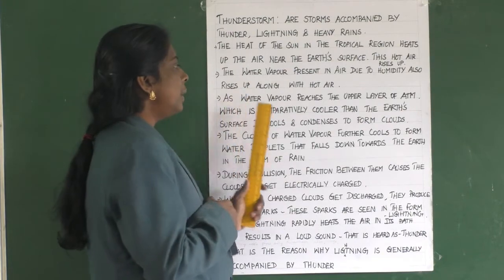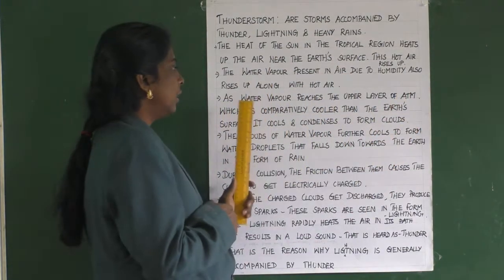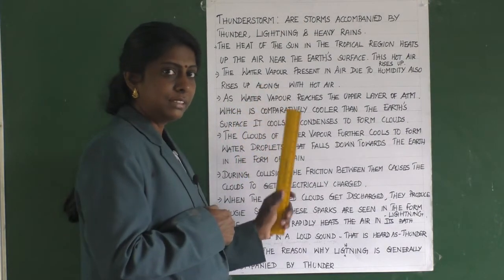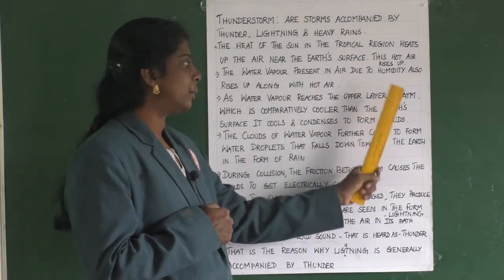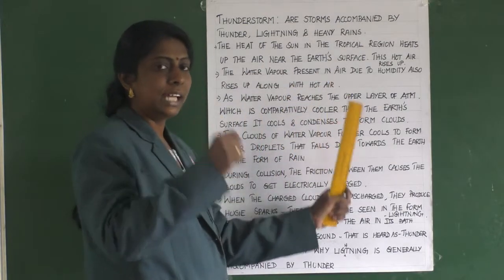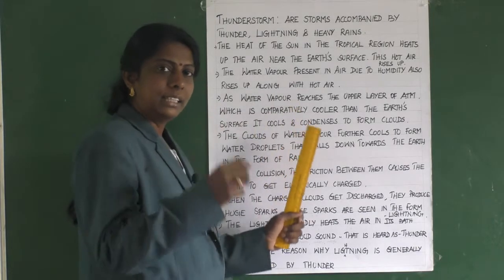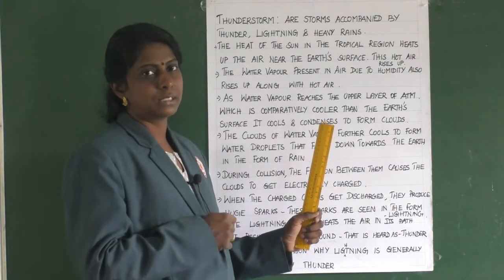Then, as water vapor reaches the upper layer of the atmosphere, which is comparatively cooler than the earth's surface, it cools and condenses to form clouds.